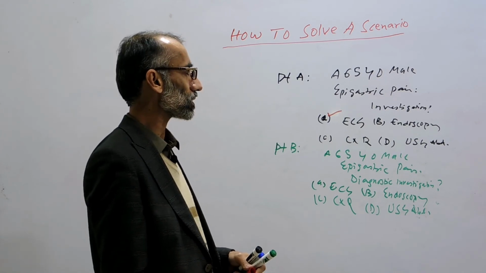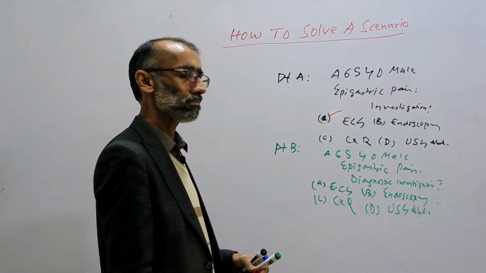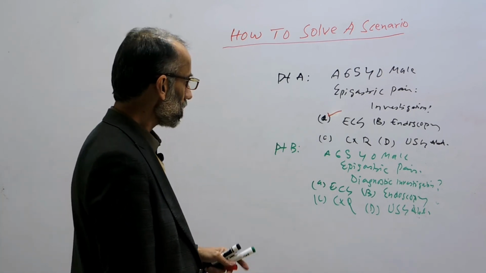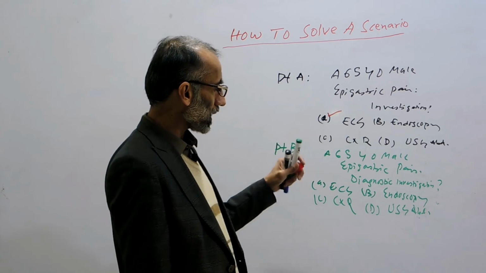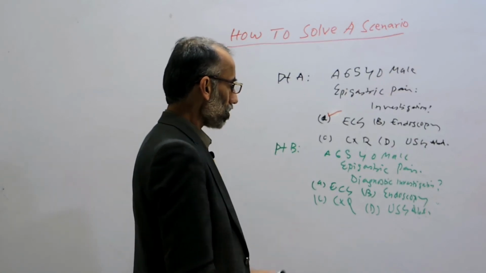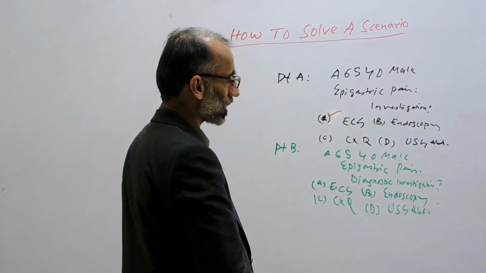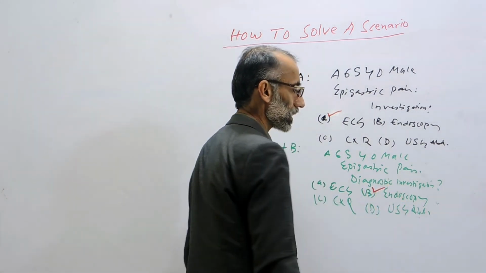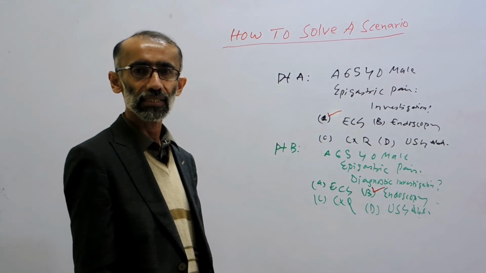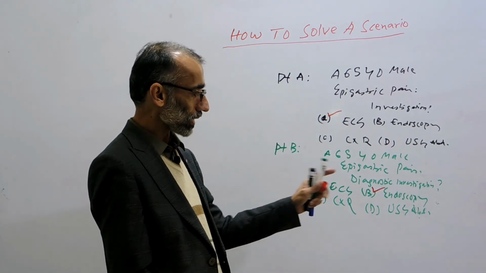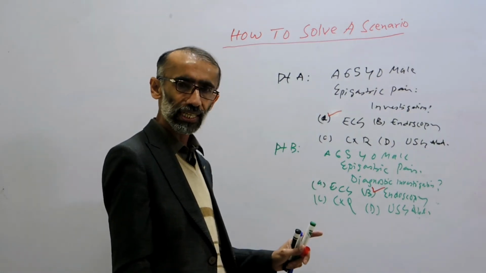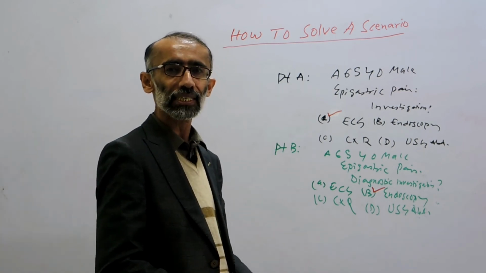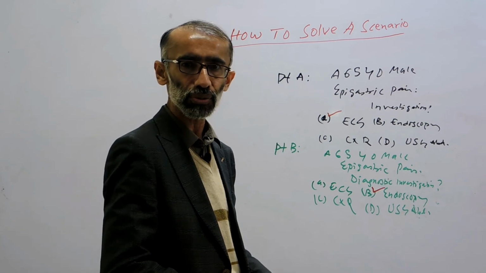An elderly patient presented with epigastric pain, maybe he is suffering from myocardial infarction. But in case of patient B, what diagnostic investigation would you like to do? The correct answer is endoscopy. When the question asks for diagnostic investigation, you may assume that the life-threatening condition has been excluded.